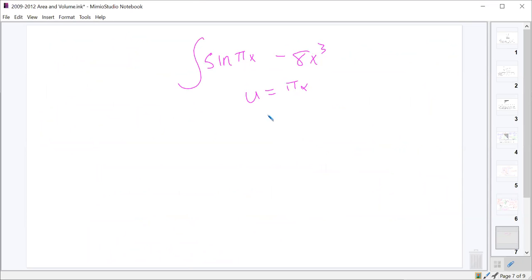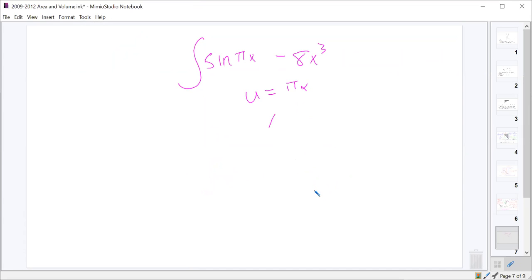And so if you're taking out the x's to turn it all into u's, you have to replace the x's with u over pi, which effectively would make this now sine of u minus 8u cubed over pi cubed. And this still will have a dx to it, so you had to multiply by a 1 over pi times everything. That's fine. Then you pull the 1 over pi out, but then you get a different thing here.